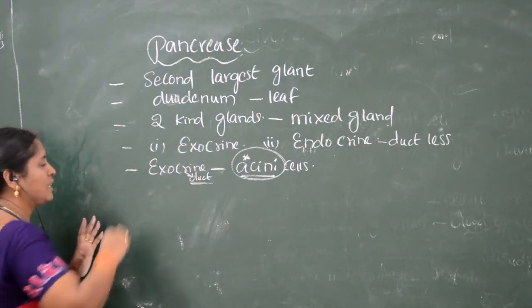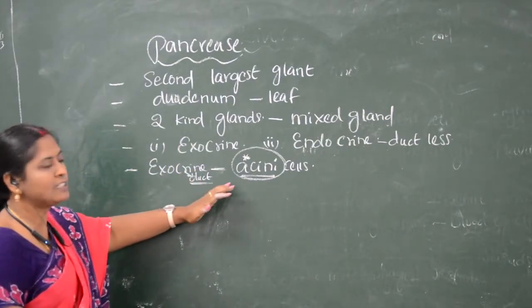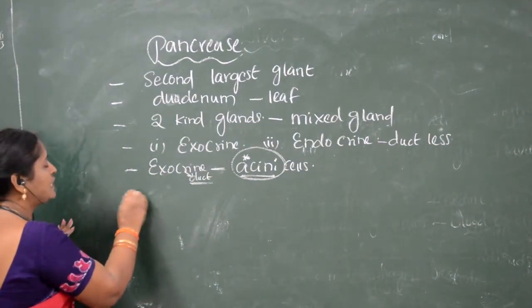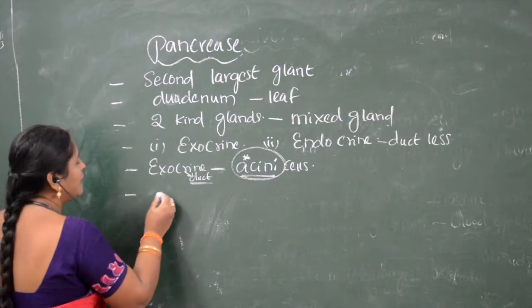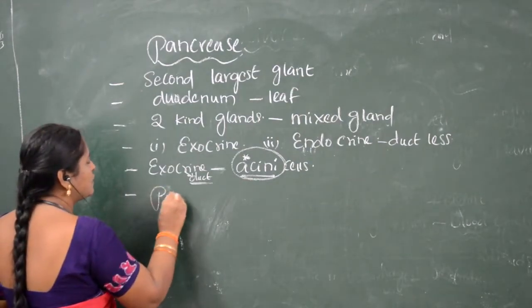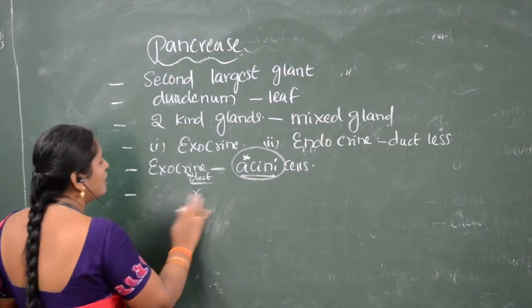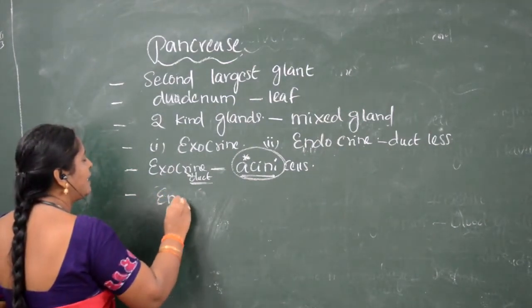That is the exocrine gland. The cells present in this exocrine gland are called acini, and the juice which comes from it is the pancreatic juice, consisting of enzymes.